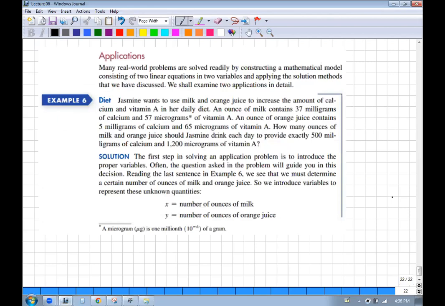Let's take an example. Jasmine wants to use milk and orange juice to increase the amount of calcium and vitamin A in her daily diet. So there's two things that you want to consider.